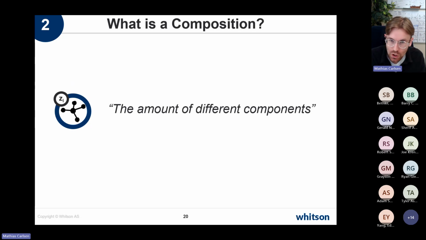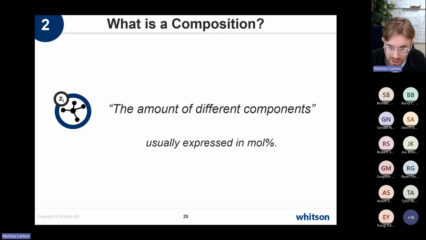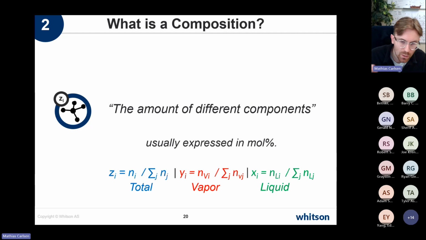Well, a composition is just the amount of different components that make up a fluid, and it's usually expressed in terms of mole percent. We often denote different types of fluids with different symbols. For a liquid, we typically use the symbol Xi, and we typically use the color green, an SBE standard.